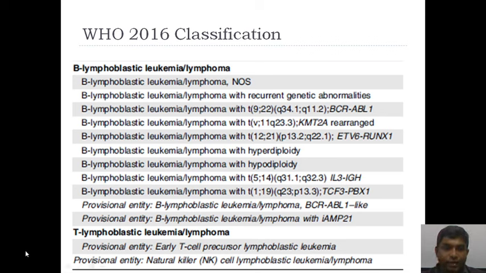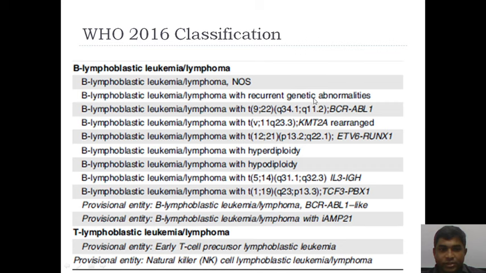In ALLs, we have B-ALL and T-ALLs as broad categories, and in this we also have different subcategories defined mainly by cytogenetic abnormalities and chromosomal translocations. So I'll just run you through the list of B-ALLs.